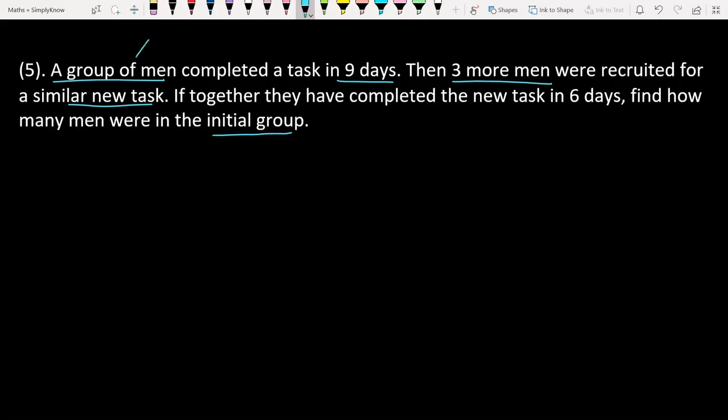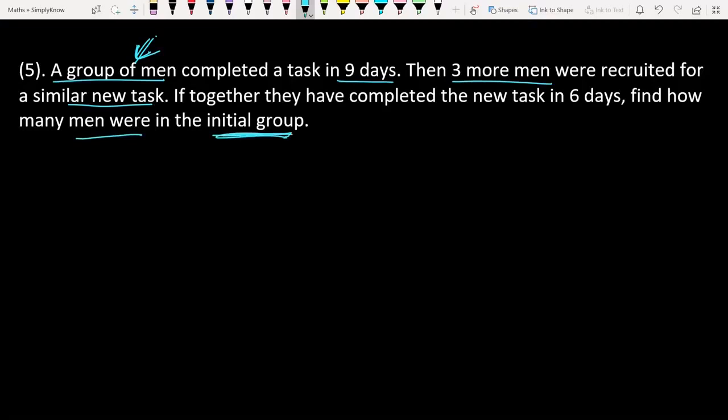Now here they haven't given us the number of men. And in this question, actually, we need to find this number of men. Find how many men were in the initial group.